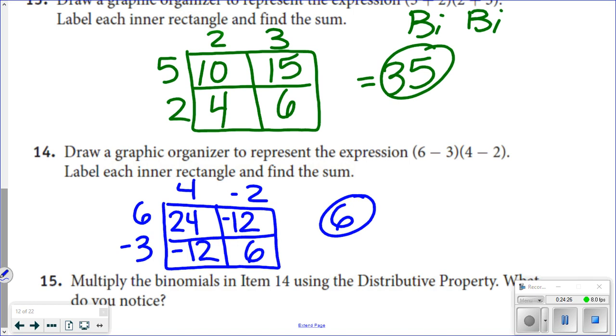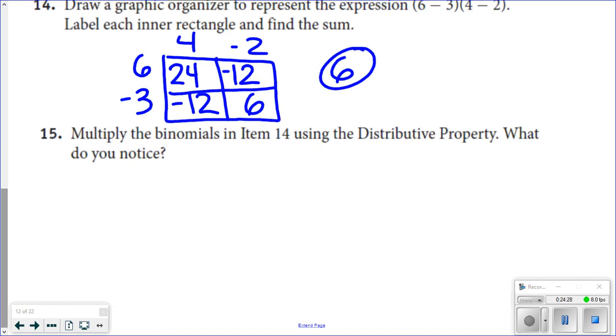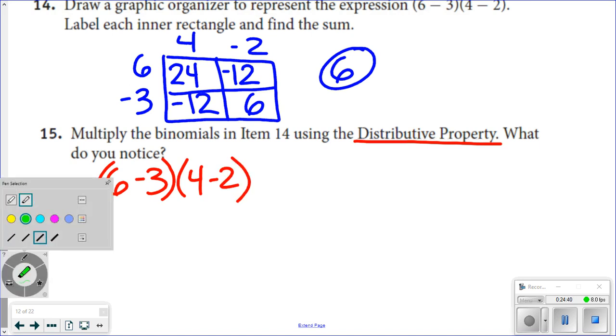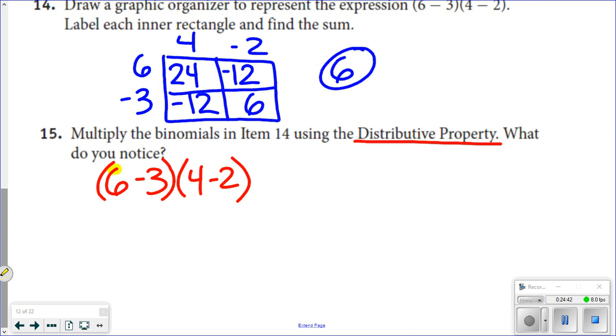Now, question 15 wants us to use the distributive property, which we haven't learned yet. And this is the second method that we're going to end up putting on our note sheet. But what we're going to do is we're going to take this 6 and distribute it to the 4 and to the negative 2.